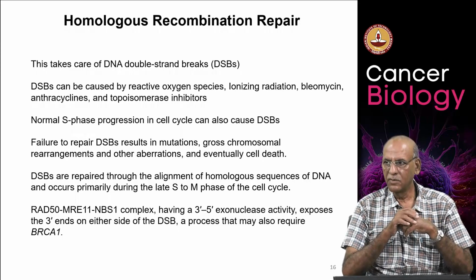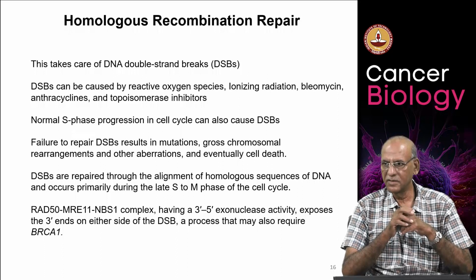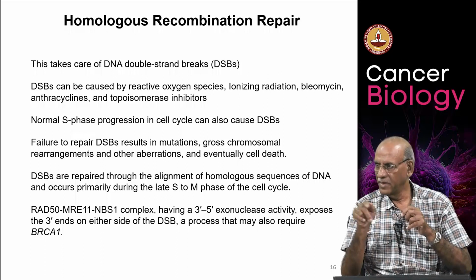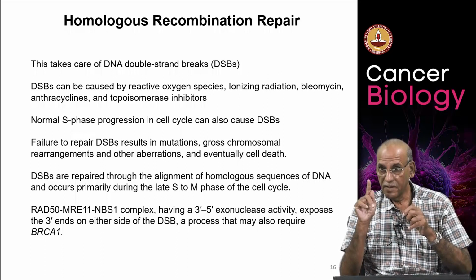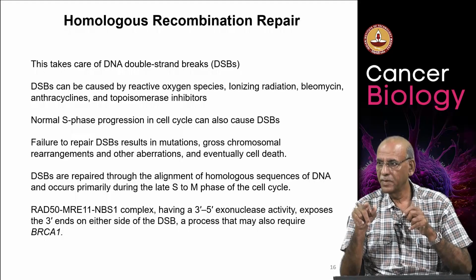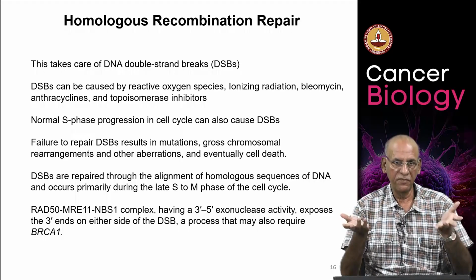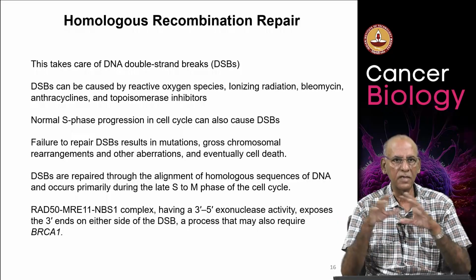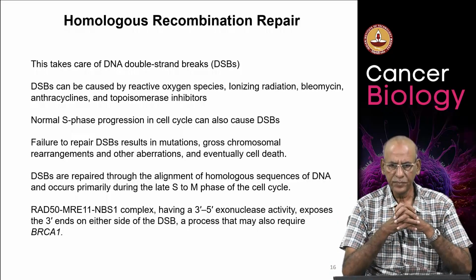That is why you cannot just predict based on some agent. It depends on the strength of the agent, the duration, and the type of damage done. So, there are many factors coming in.